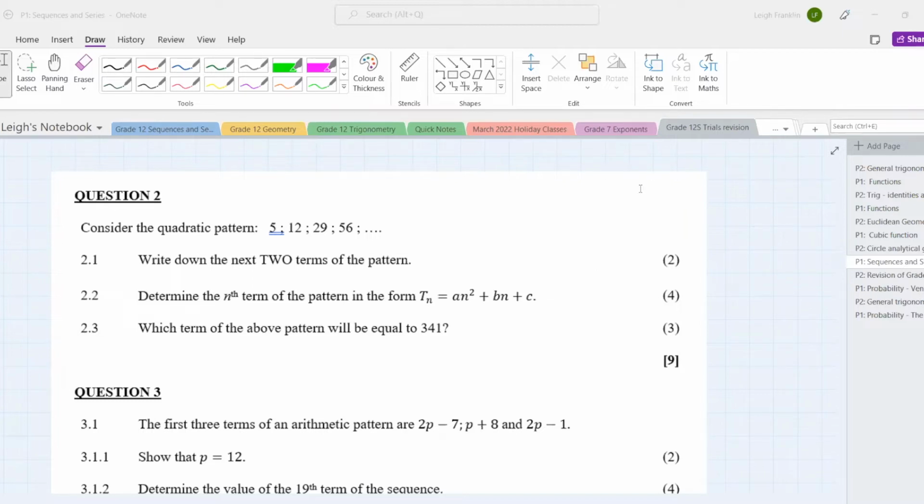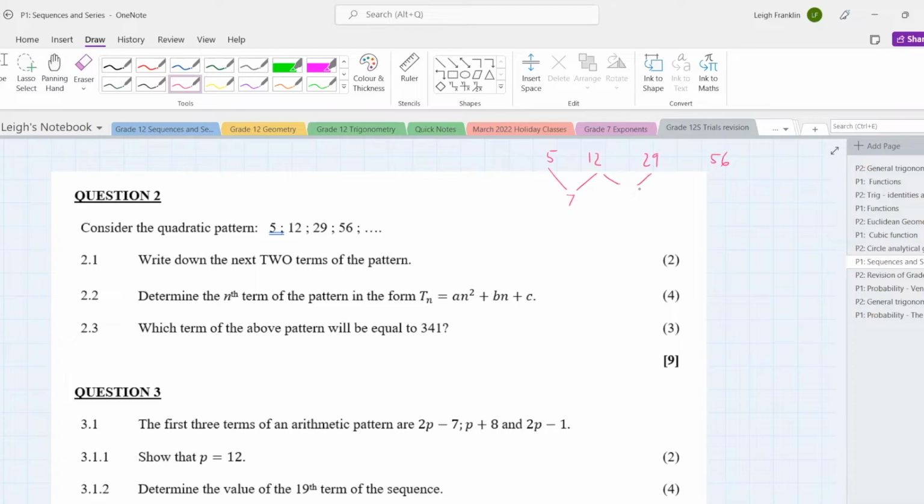So what you can do with your calculator, you can use that for 2.2 as well if you want to. If you write down your 5, your 12, your 29, your 56, then working out your first difference is term 2 minus term 1, which is 7.